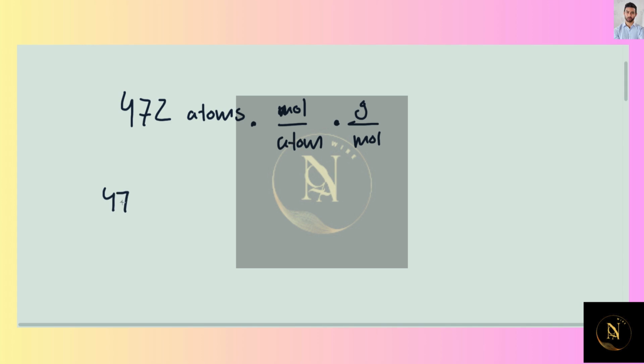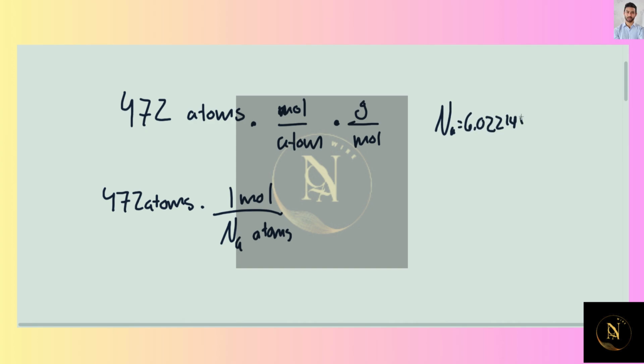So I see 472 atoms. Then moles per atom: 1 mole has Avogadro's number of atoms, that's N_A, 6.02214 times 10 to the 23rd. And then grams per mole, they told us, is 55.85 grams per mole. Does everything cancel? Atoms cancel with atoms, moles cancel with moles, and we get grams as our final answer.